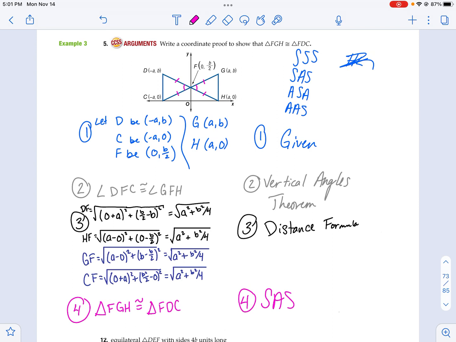And if they asked me to prove anything else, I could just use corresponding parts of congruent triangles are congruent, CPCTC. If they had asked me to prove that those triangles are isosceles, I'd also proven that one. So that's a pretty interesting result.